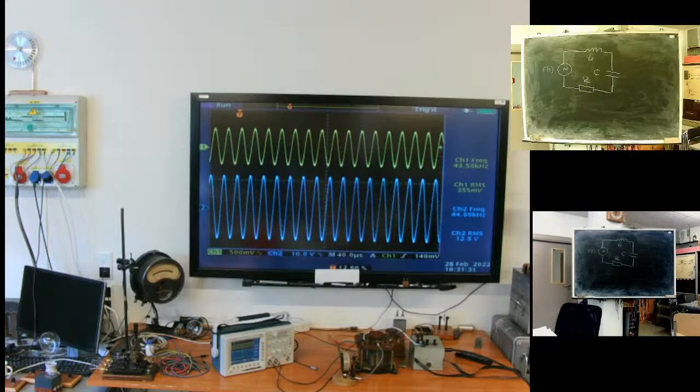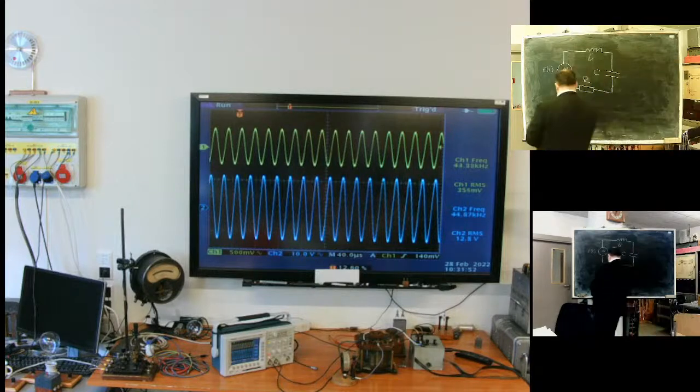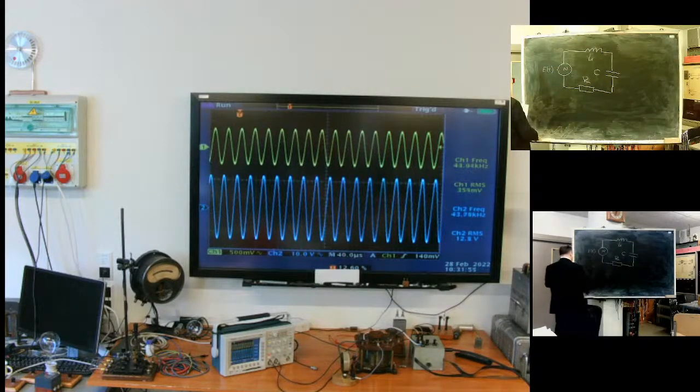We will try to write down Kirchhoff's voltage law. So, let's write it.